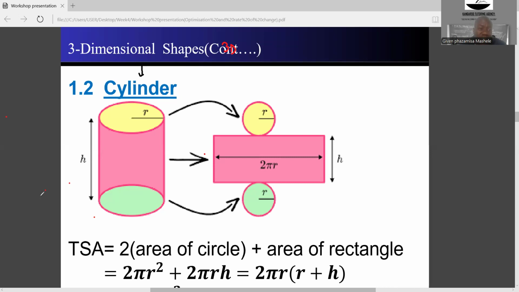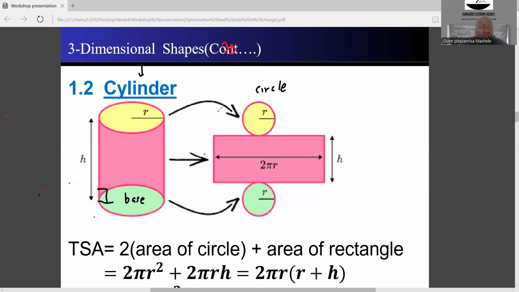You realize that a cylinder actually has three shapes. The top part of the cylinder has a circle. If we call this a base, remember, the vertical part will always be the height. They must be at right angles to each other.